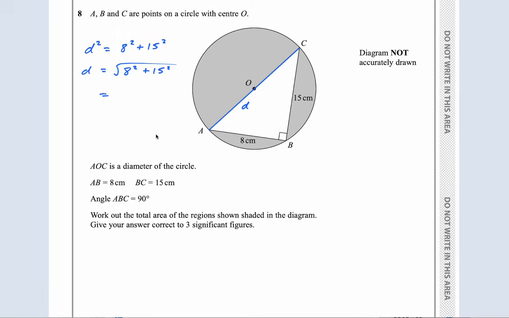Okay, nice number. So D is equal to 17. Now if the diameter is 17, the radius is then 17 over 2, or 8.5. So the radius equals 8.5. The radius is that length, 8.5.